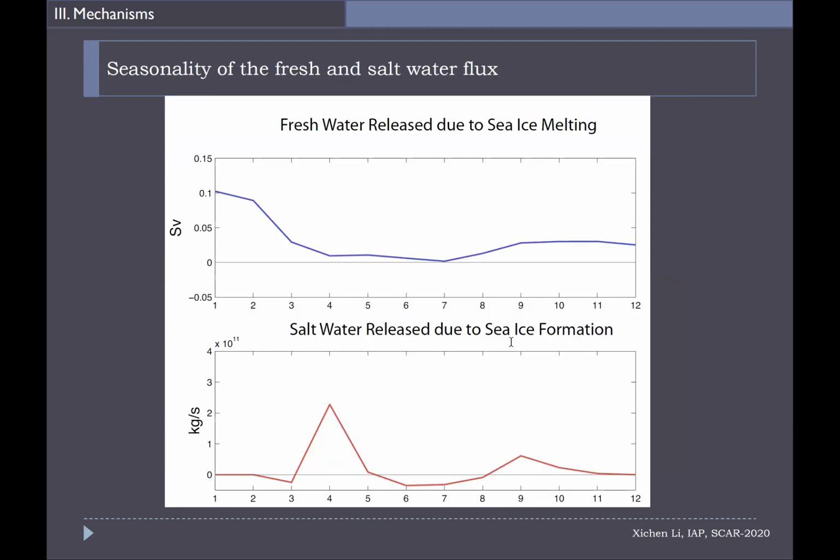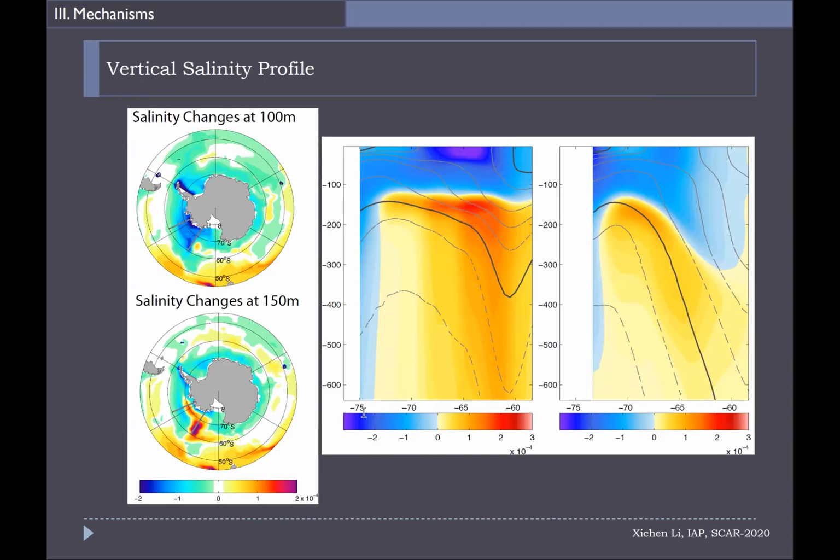If we calculate the freshwater and saltwater flux between the sea ice and the ocean, we find that during the warm season, the Austral summer, the freshwater release from sea ice to the ocean has been enhanced. And during Austral autumn and spring, the saltwater release from the sea ice to the ocean has also been intensified. This process caused the intensification of the stratification around the Weddell Sea and Amundsen Sea.